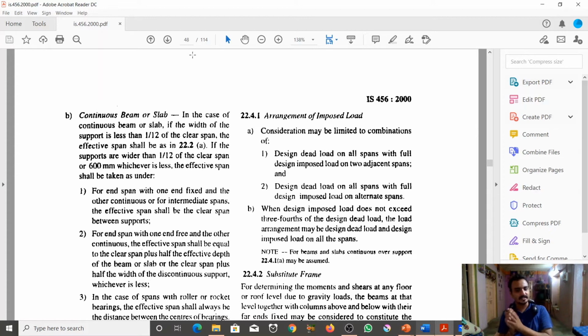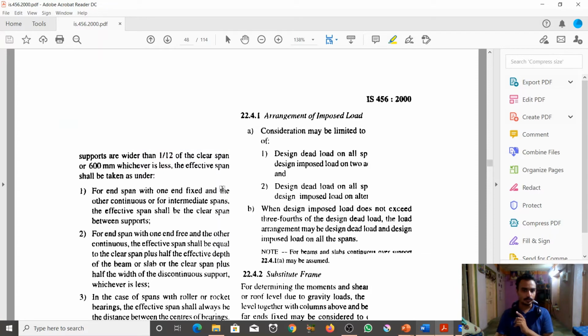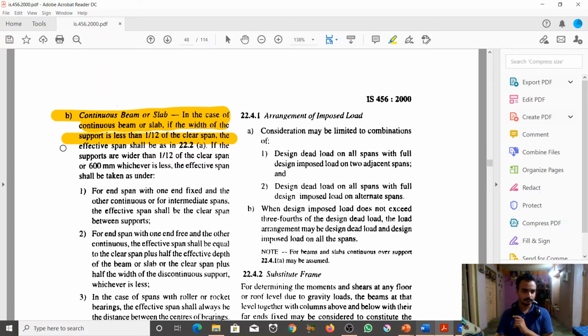Same condition we discussed earlier. If continuous slab, in a case of continuous beam or slab, if the width of the support is less than 1/12 of clear span, the effective span shall be as in 22.2a. Okay, this is given.